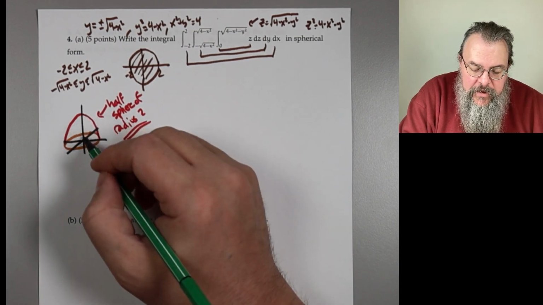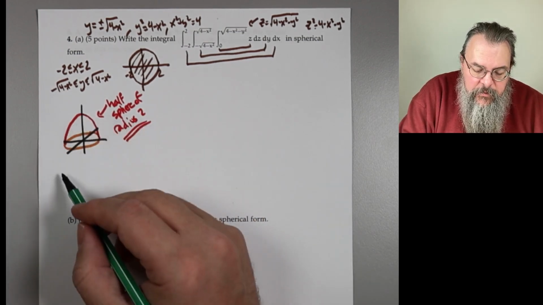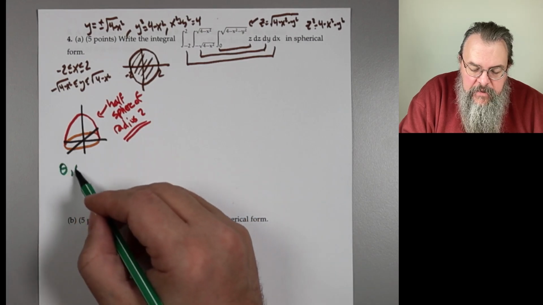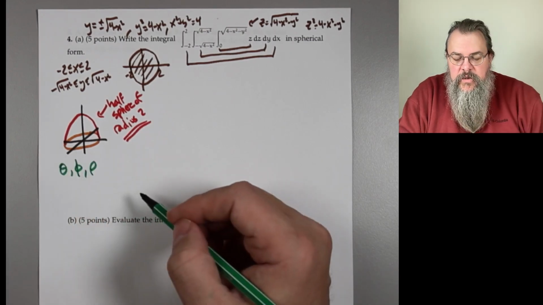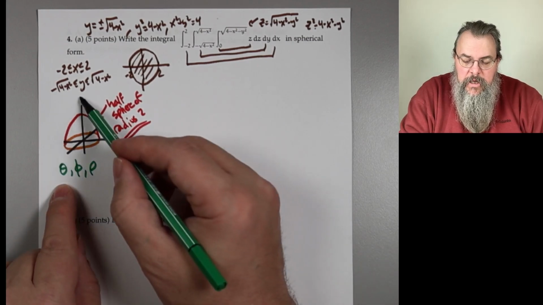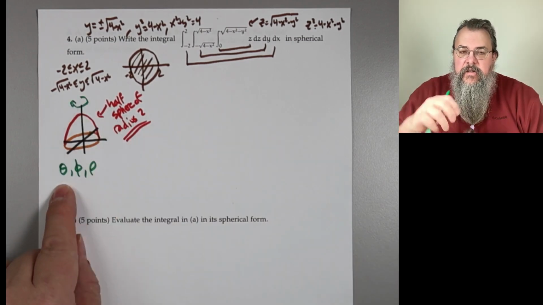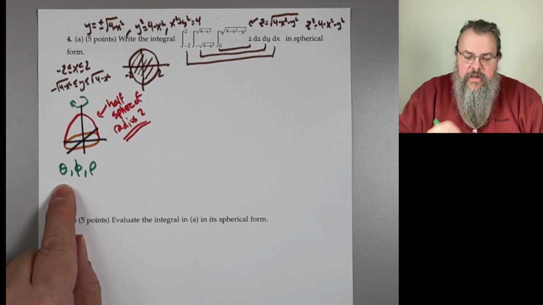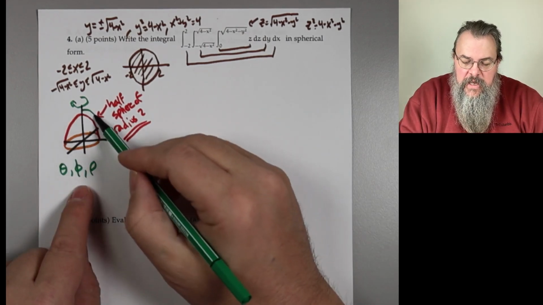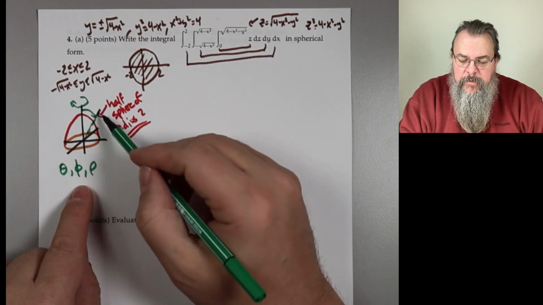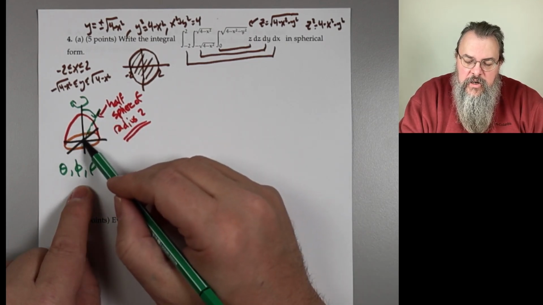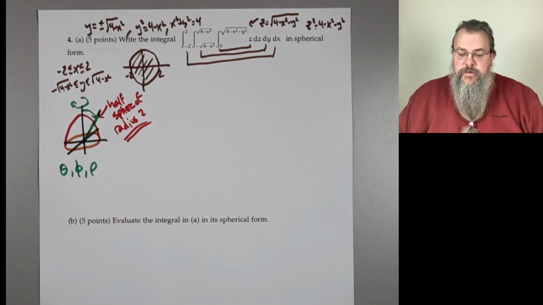First off, we have some nice things: theta, phi, rho. Theta is about spinning around the z-axis, how far you spin around the z-axis. Phi is about how far off you come from the z-axis, and rho is how far out you go from the origin.